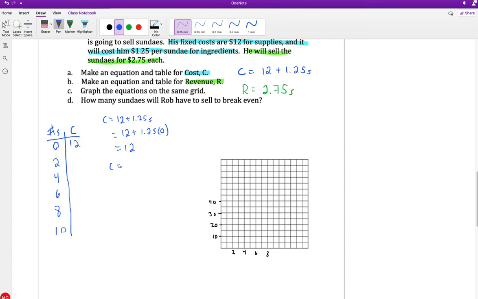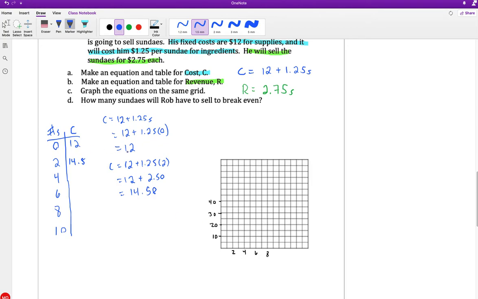Now if we sell 2 Sundays, our cost is going to be 12 plus 1.25 times 2, which is going to be 12 plus 2.50, which is going to equal 14.50. Good. 14.5. So we can just graph that, and that'll give us 2 points to graph.